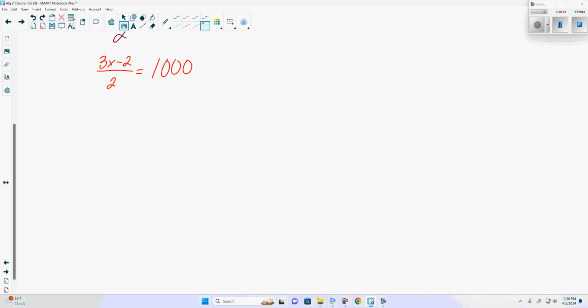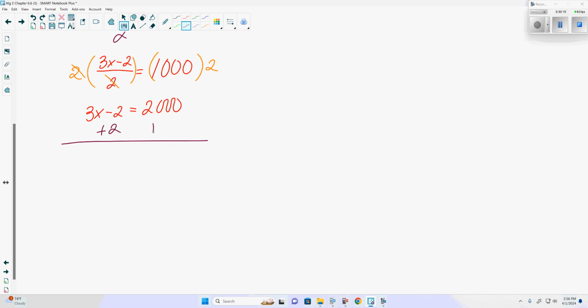Well, no, it's just x, right? Get it by itself. So what can we do first to get x by itself? Well, we could divide by 1/2 or multiply both sides by 2. Because our left-hand side, when we multiply by 2, will leave us with 3x minus 2 is equal to 2,000.